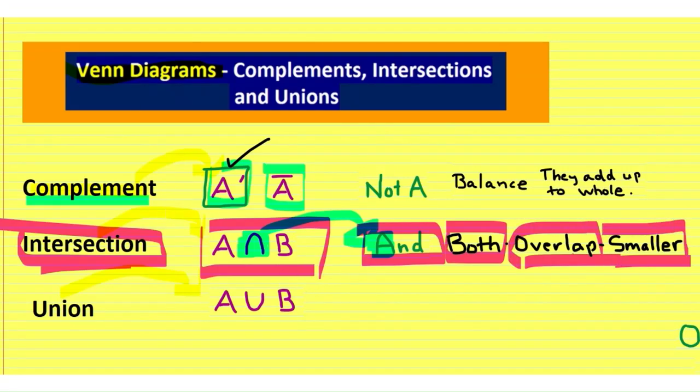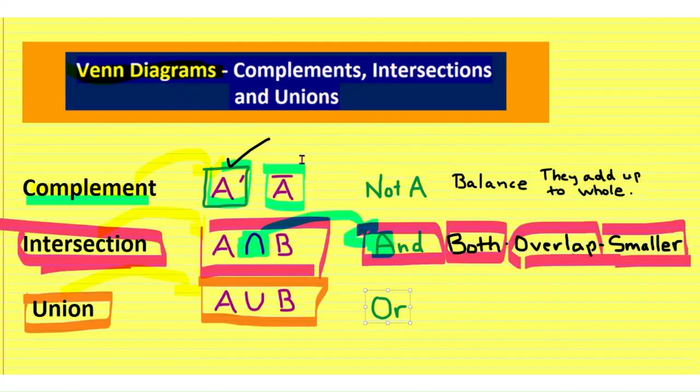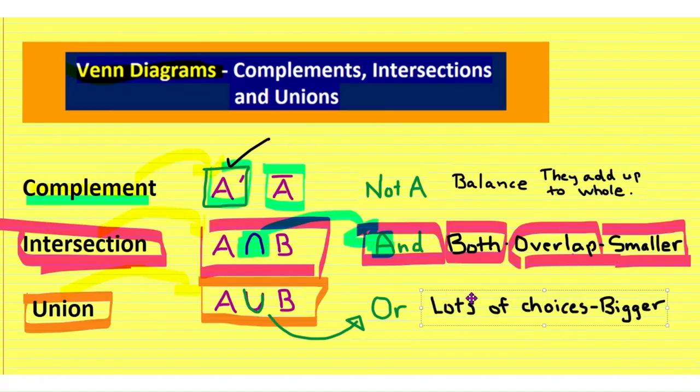Okay. The third one that we want to talk about is the union of two sets. It is denoted by the symbols A, this union symbol, and B. The union symbol stands for "or." So this looks like a U, but you should always think of it as meaning set A or set B. And how do we identify what is in set A or set B?